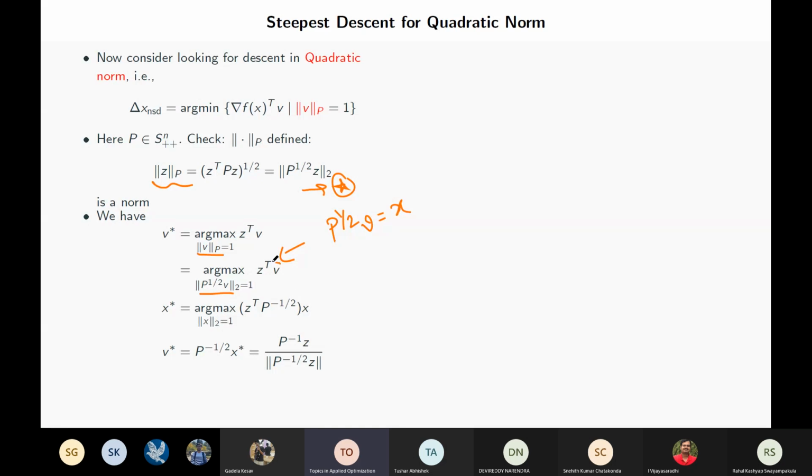But here you have v, so you want to change back from x: v will be P minus half x. So you are looking for x star now, and v star will be P minus half x star.